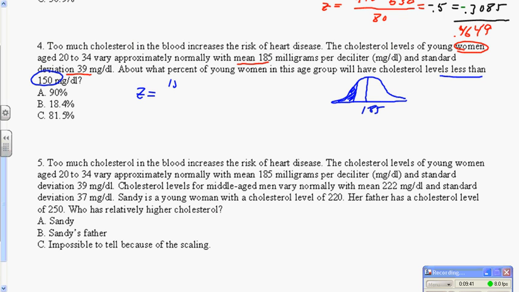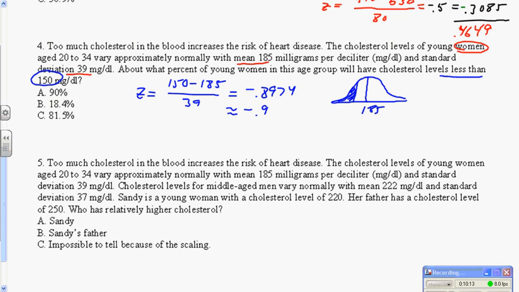So 150 minus 185 divided by standard deviation, which is 39. That calculation would give us negative 0.8974, which is approximately negative 0.9. Our z-table only goes to 2 decimal places, so this will be good.